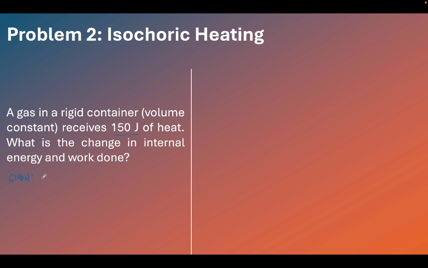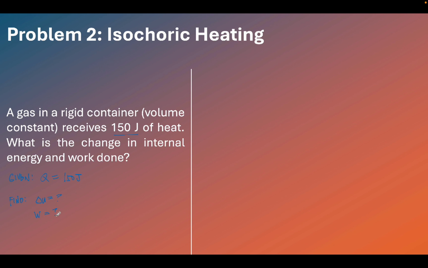Given, we have the heat is 150 joules. So what is the change in internal energy and the work done? So we need to find delta U and also the work done.